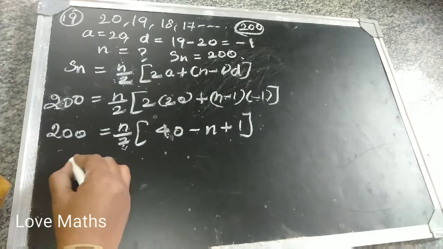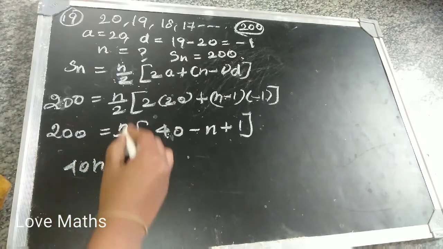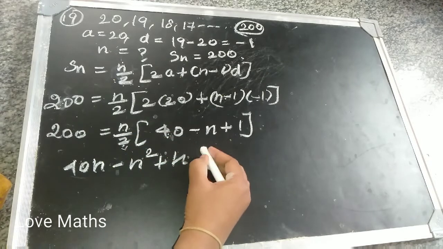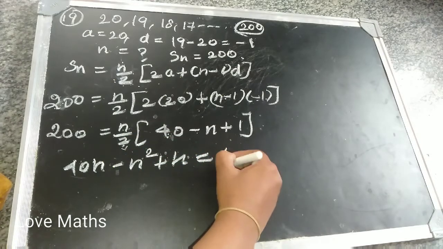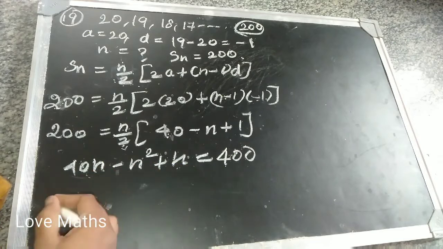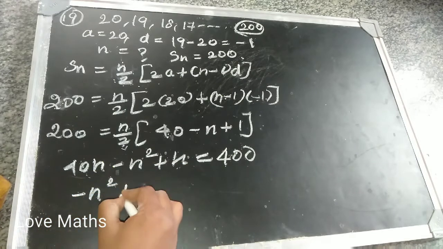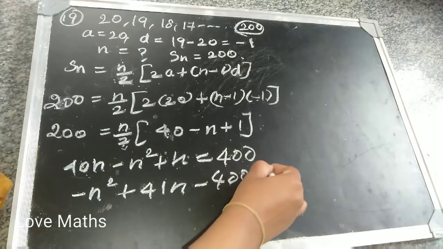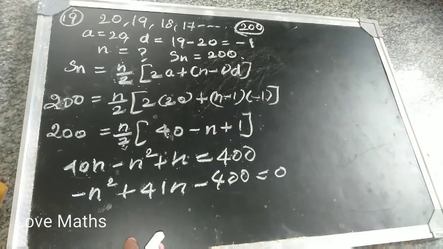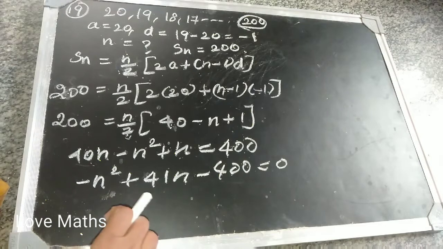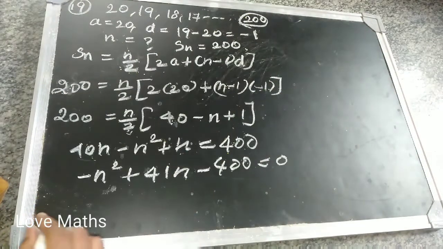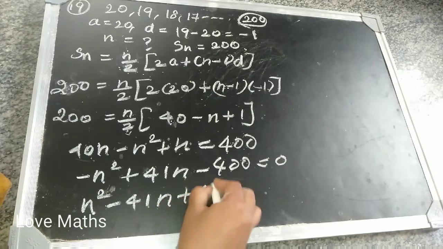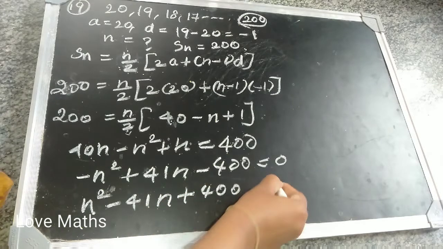N into 40, 40n. 40n minus n square plus n, equal to 200 into 2 is 400. 40n plus 1 is minus n square plus 41n minus 400 equal to 0. It is a quadratic equation. We don't want minus first, so multiply all by minus. So n square minus 41n plus 400 equal to 0.